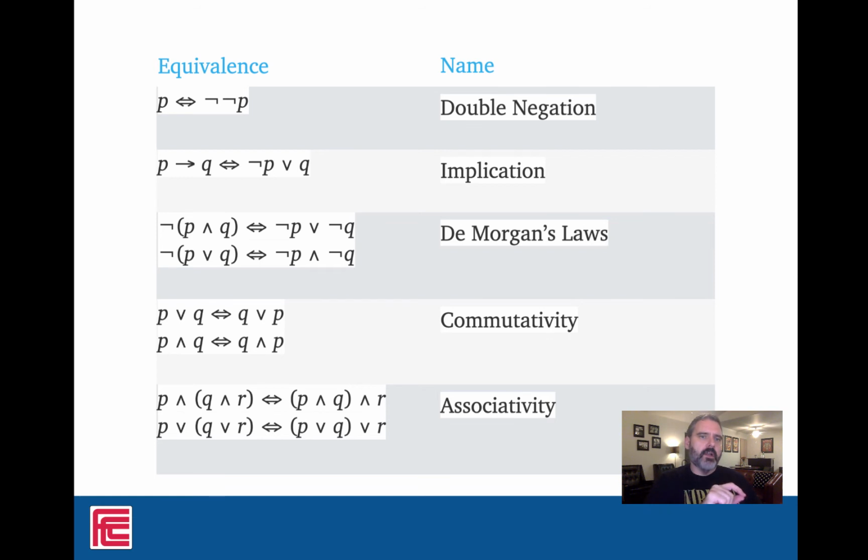When you distribute a not across something in parentheses, P and Q or P or Q, you reverse the operator. So if it's not P and Q, it becomes not P or not Q. If it's not P or Q, it becomes not P and not Q. And that's just the way the truth tables work out.